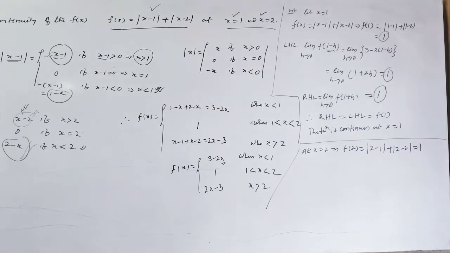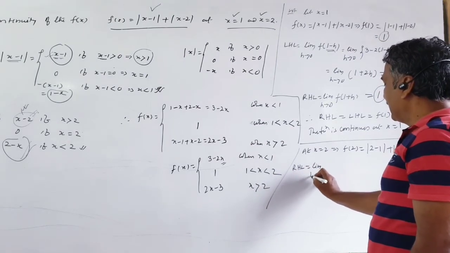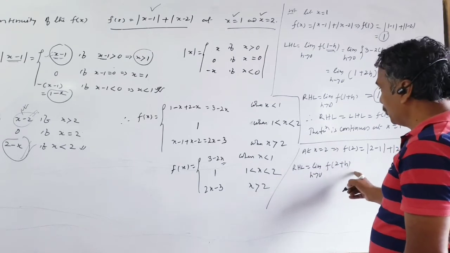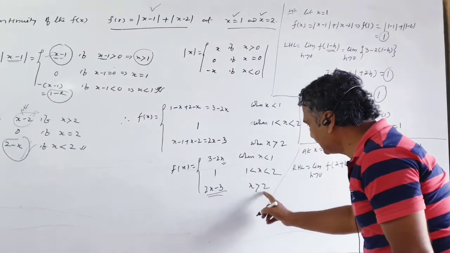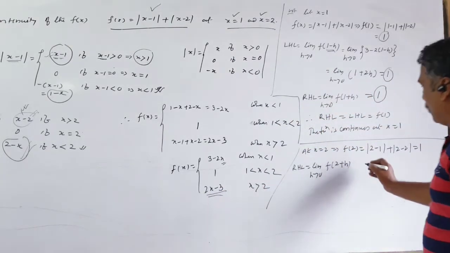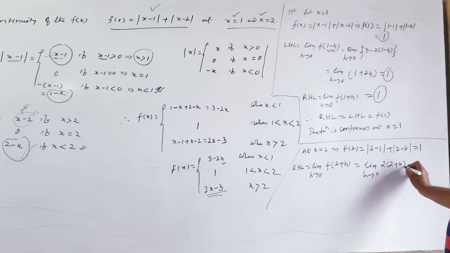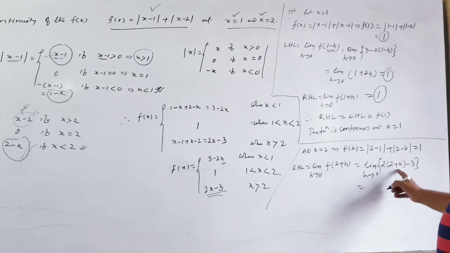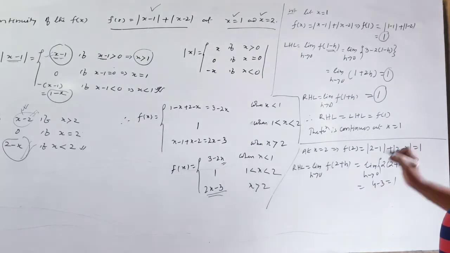Okay. Now right hand limit equal to limit h tends to 0, f of 2 plus h, greater than 2. So greater than means this one. Is this greater than 2, yes or no? So here limit h tends to 0, 2 into 2 plus h minus 3, or h tends to 0, 4 minus 3. So 4 minus 3 equal to 1.